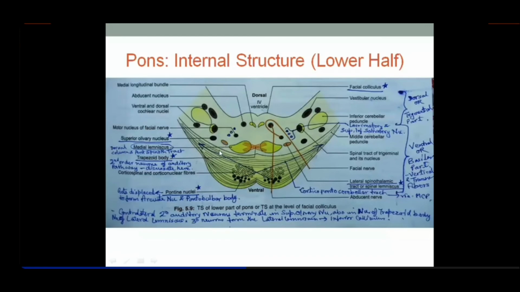So that is formed by the second order neurons from the substantia gelatinosa, right? The first order neurons were relaying in the substantia gelatinosa and nucleus proprius. From there, they decussated, and now they're ascending as the lateral spinothalamic tract. Anyways, that was for pain and temperature.